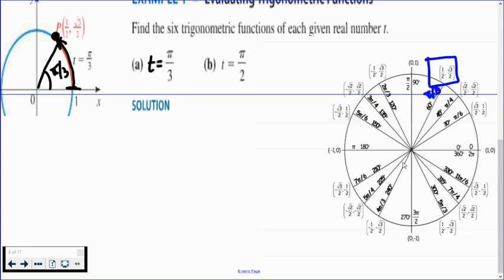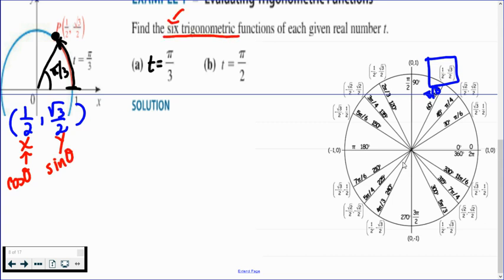So what I'm going to do before I continue is write down the point, and I'm going to label the point. So this is the x, this is the y. X is the same thing as cosine, and y is the same thing as sine. Now it says find all of the 6 trig functions. So like I said earlier, sometime this year, we are going to list the functions in order.